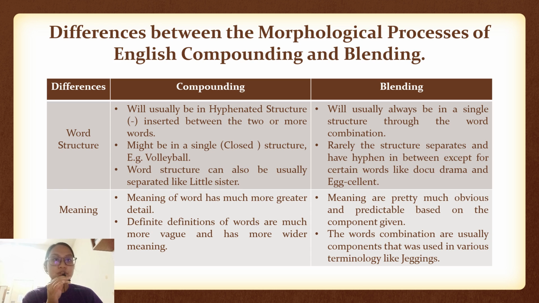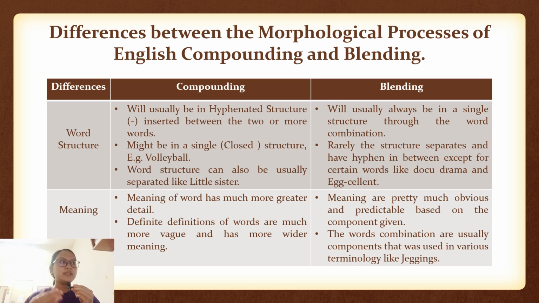Finally, the difference in the blending process and the word meaning is that the meaning is pretty much obvious and predictable based on the components given. For instance, staycation is a combination of stay and vacation, and it is a type of holiday where you are only vacationing in the nearest place. The same goes for jeggings, a type of jeans and leggings.